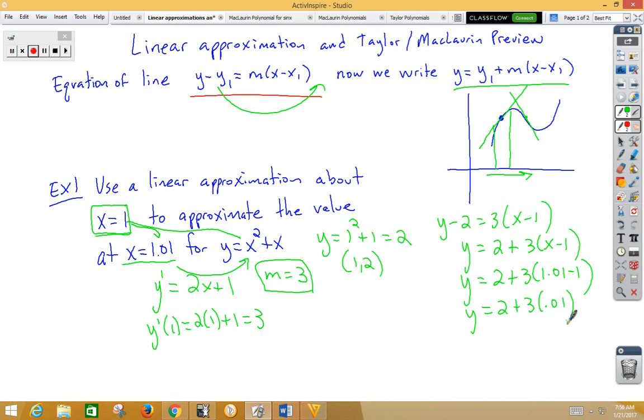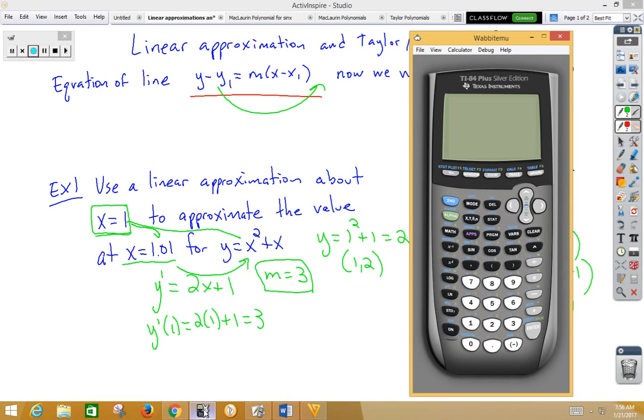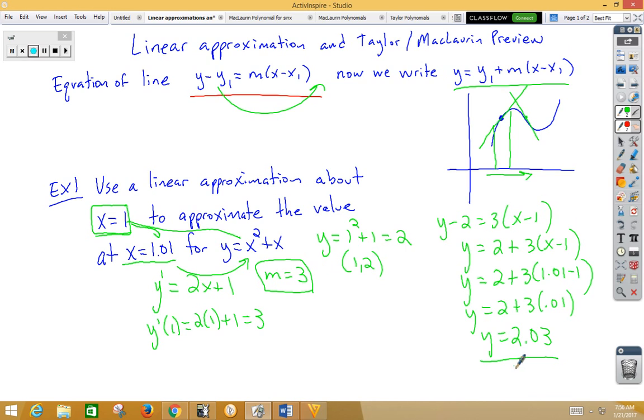Ultimately, when we add that together, our approximation would be 2.03. Now, how close is that to the actual value? Well, if we plug this into our calculator, the actual value is 2.0301. So comparing 2.0301, notice our linear approximation is fairly close to the exact value.